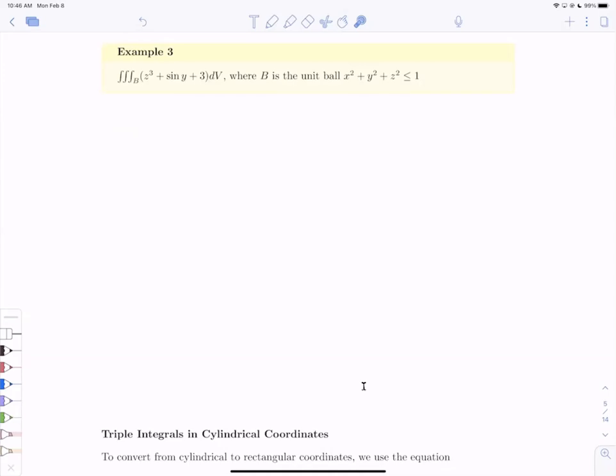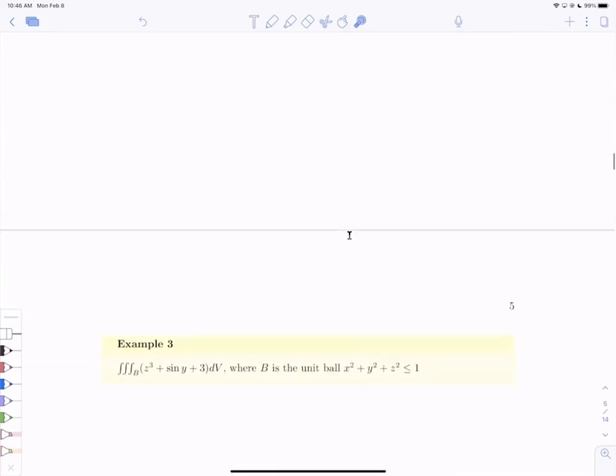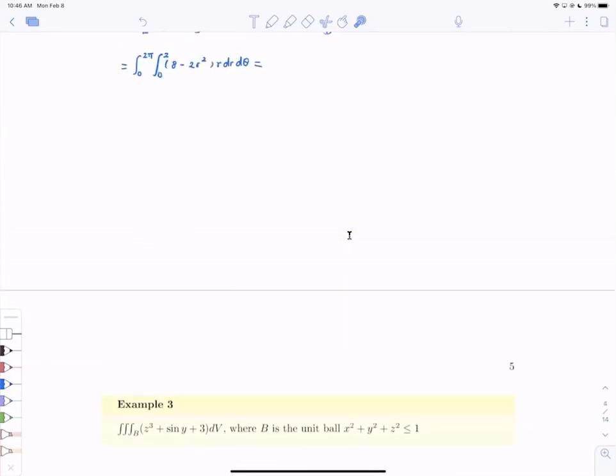I'll give you 3 minutes and then I'll take it up. In that case, I can finish writing here. Try example 3, and I'll finish writing example 2, since you guys are trying to do that.